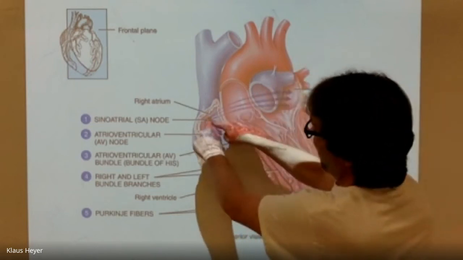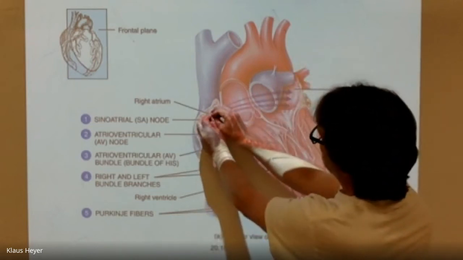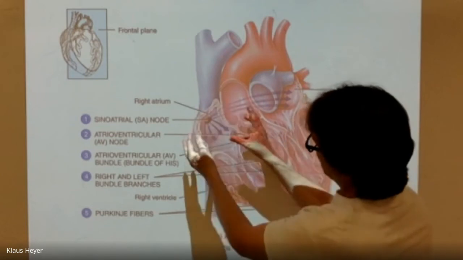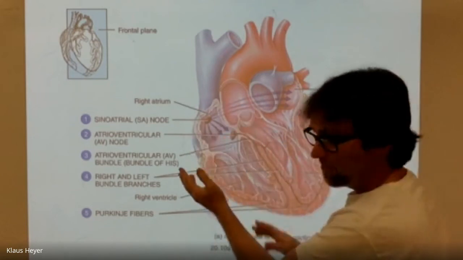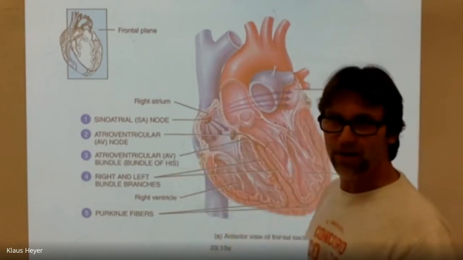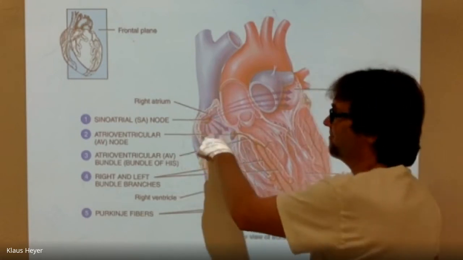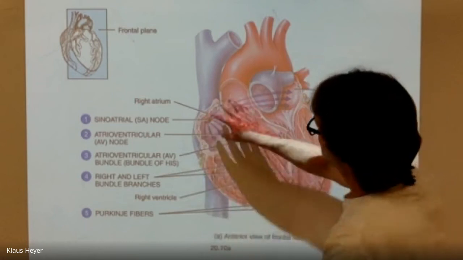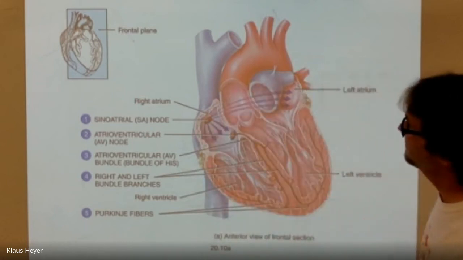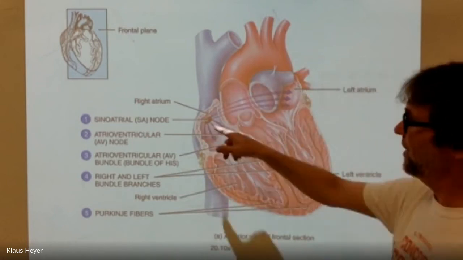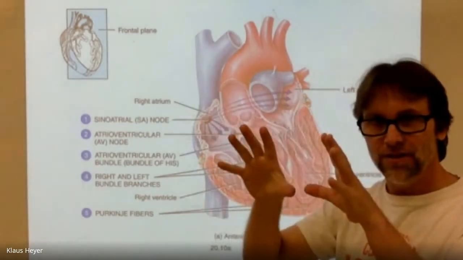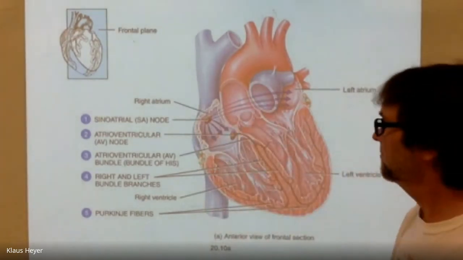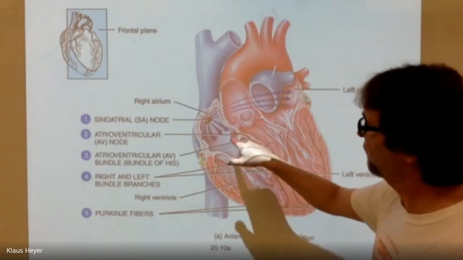So that action potential is immediately going to the whole atrium. It's going to this right atrium, and it's coming over to the left atrium. So the SA node is going to make both of the atria contract. Of course, a little bit of this next one too.